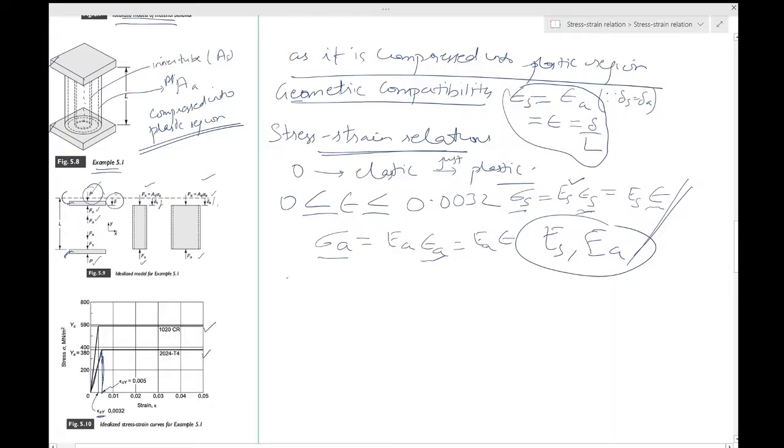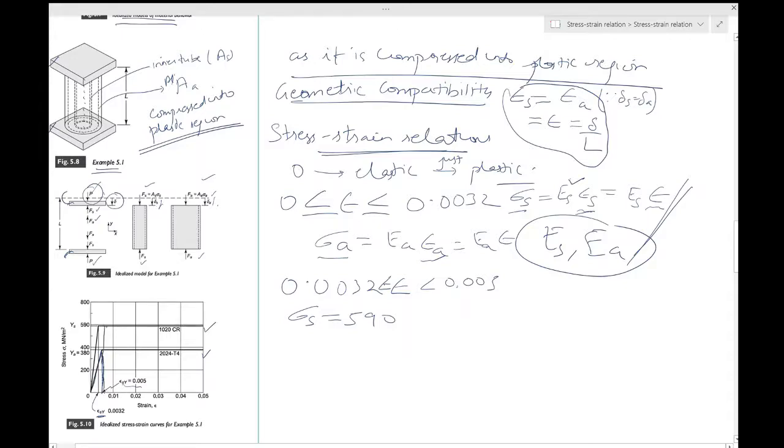Now we take the second range, which is between 0.0032 to 0.005. In this region, sigma s for the steel would be equal to 590. Look at this one.